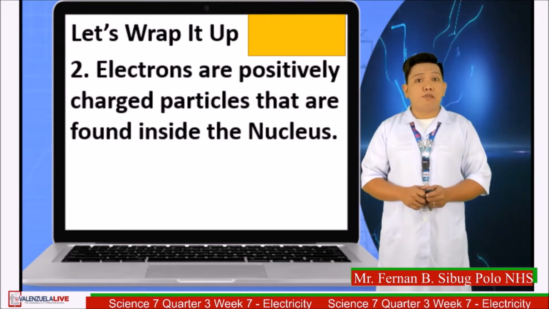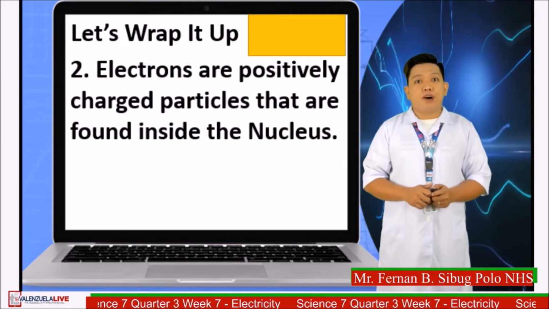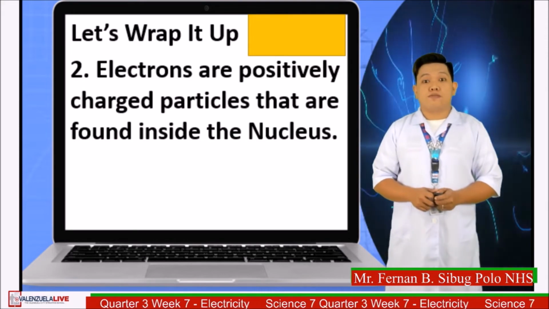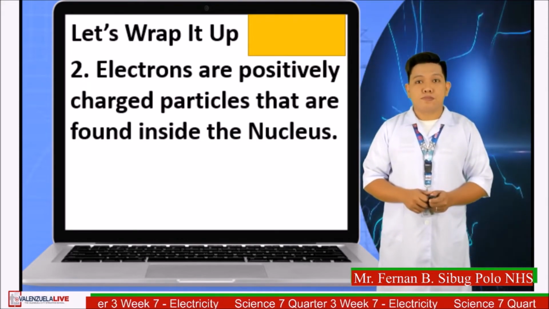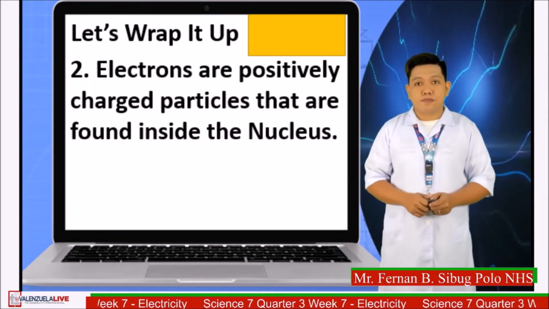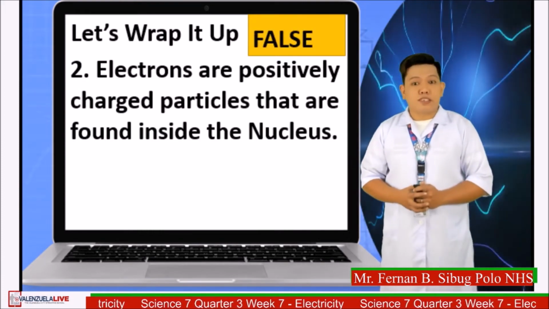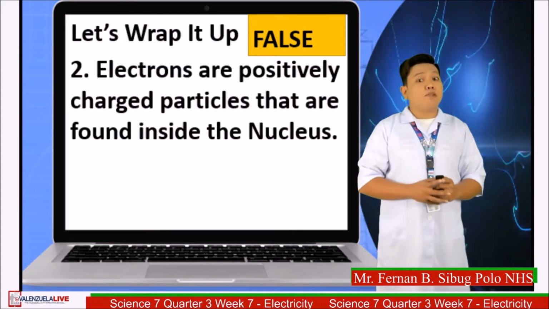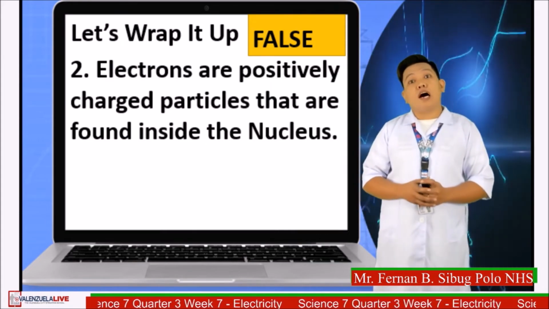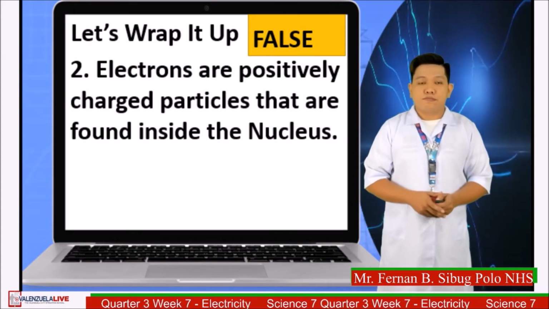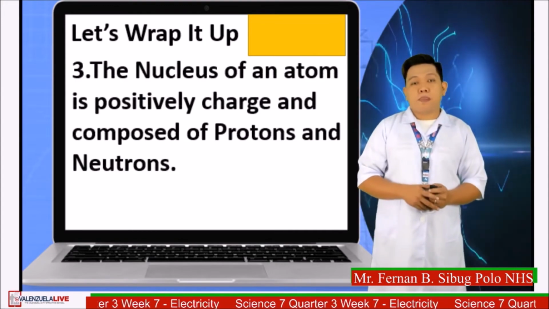Question number 2. Electrons are positively charged particles that are found inside the nucleus. This is false. Electrons are negatively charged and can be found outside the nucleus. Question number 3.